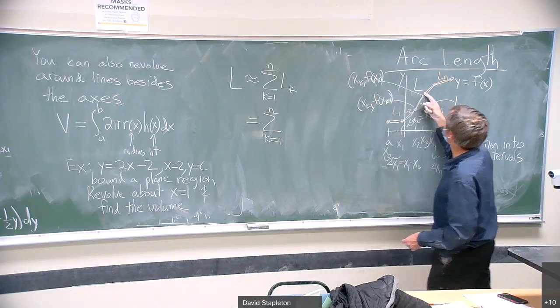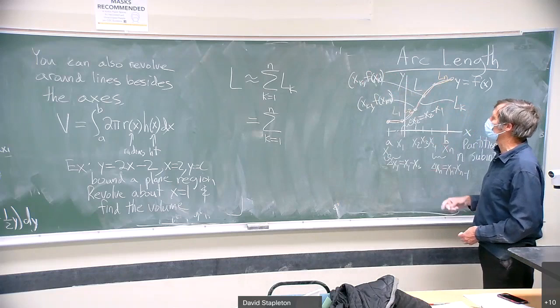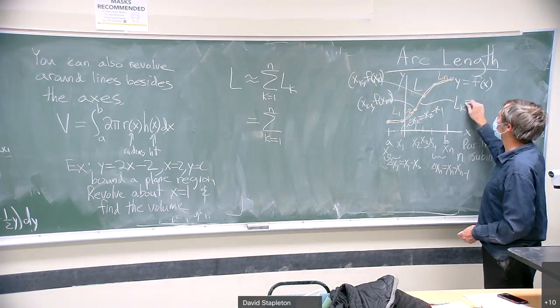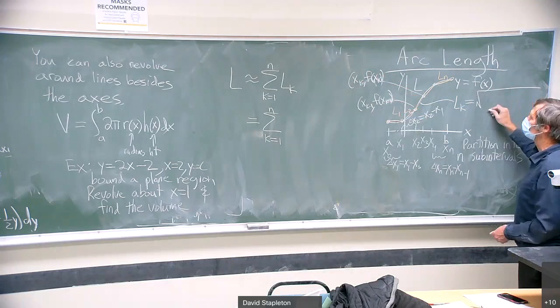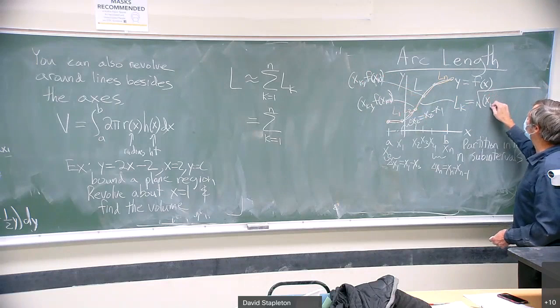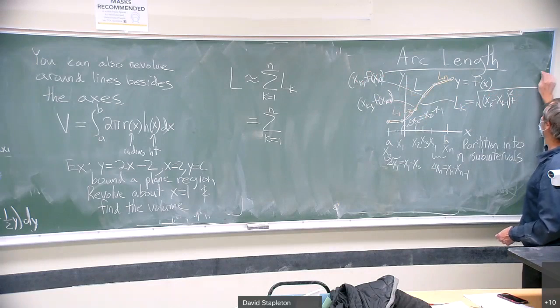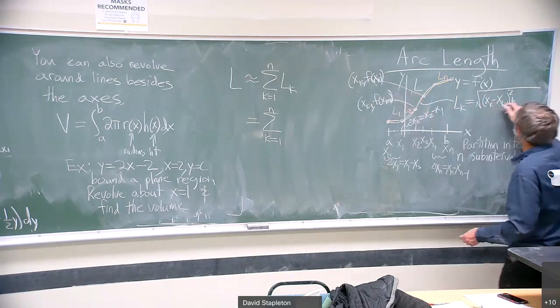All right, so that's the kth line segment. And what's its length? That's what Lk is. Lk, by the distance formula between these two points, is the square root of xk minus xk minus 1 squared plus the difference in the y coordinate squared, right?